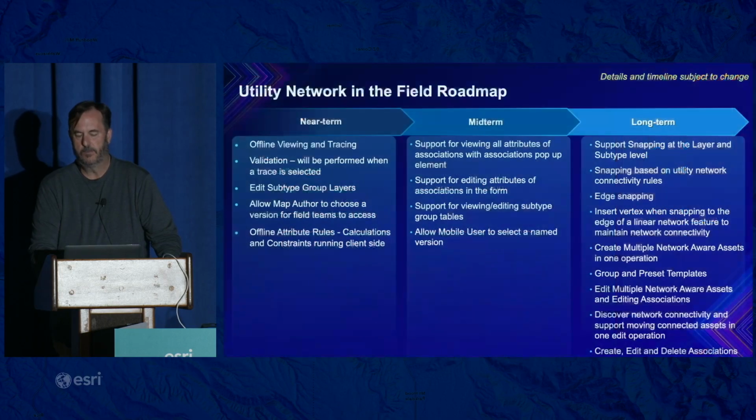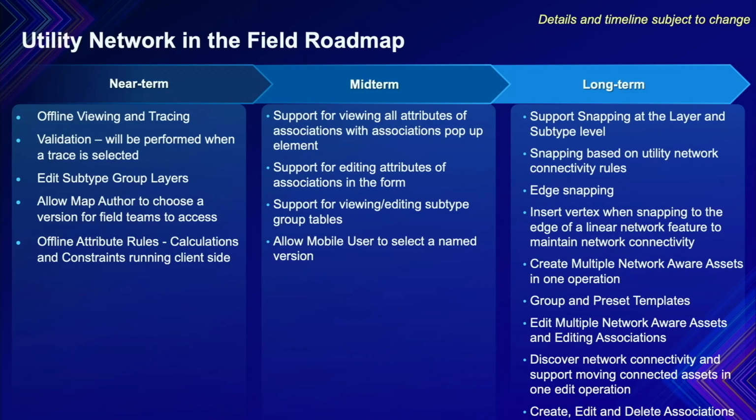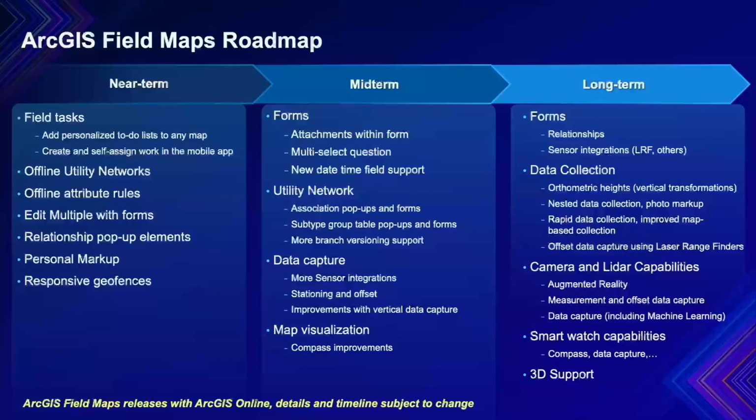This is our roadmap for utility networks. So if you are interested in utility networks, you can see how we've got a lot of work ahead of us. So lots to do there. And then I'll just give you the general roadmap on Field Maps next. So you can see this near term is our summer release.